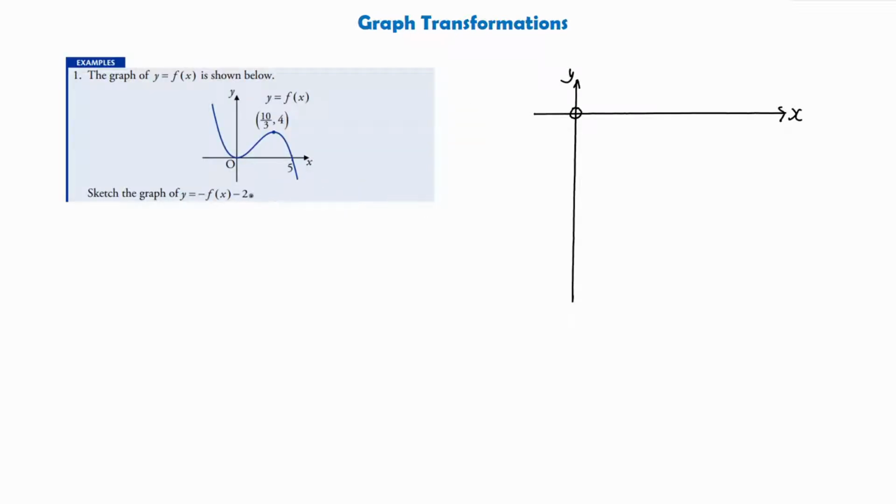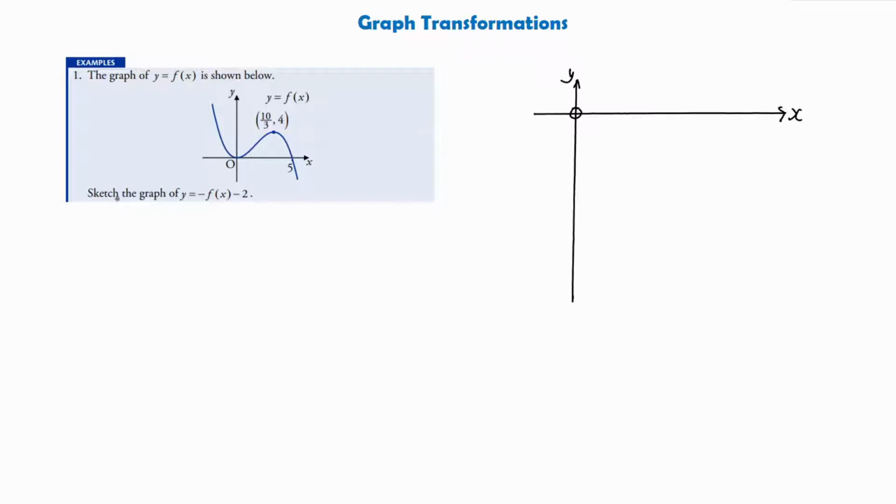So in this example here, we are told that the graph of y equals some function f of x is shown below. And we can see the graph here, and we instantly notice that f of x is some sort of cubic function. So if you remember what the translations, the scaling, or the reflections of a cubic function look like, that'll be very handy for this.